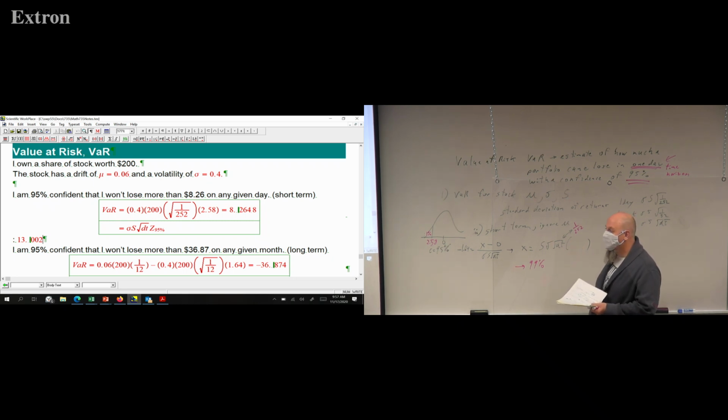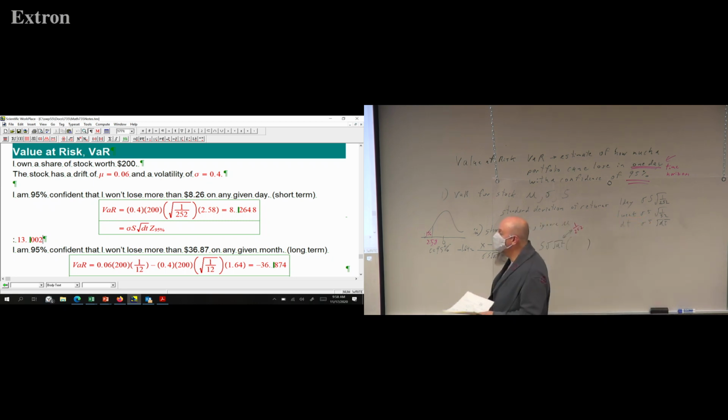Oh, I mean 10 shares of this company. Oh. So if I have 10 shares of $200 stock, each stock, I'm 95% sure, won't drop more than $8. I can just times that by 10. So if I have multiple shares, then the value at risk is done per share.